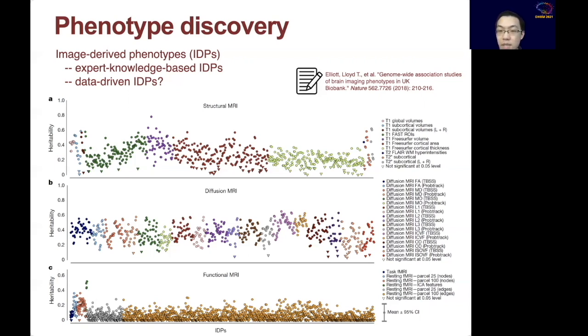However, there may be a large loss of information due to IDPs not capturing important sources of subject variability, as well as ignoring cross-modality relationships. Therefore, an open question remains whether we can do better by defining these IDPs in a data-driven fashion.